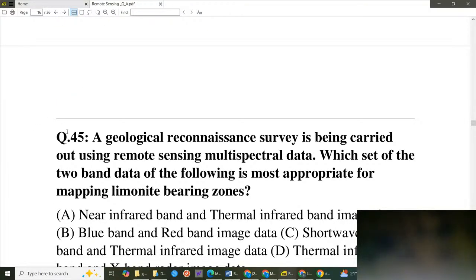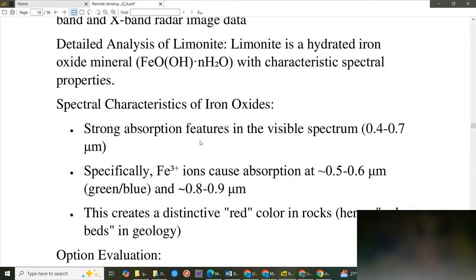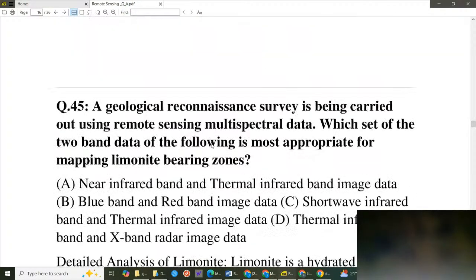A geological reconnaissance survey is being carried out using remote sensing multispectral data. Which set of two bands of data is appropriate? This is the last question, after which I will stop here and we will meet for the next topic. The question: a geological reconnaissance survey is being carried out using remote sensing multispectral data.